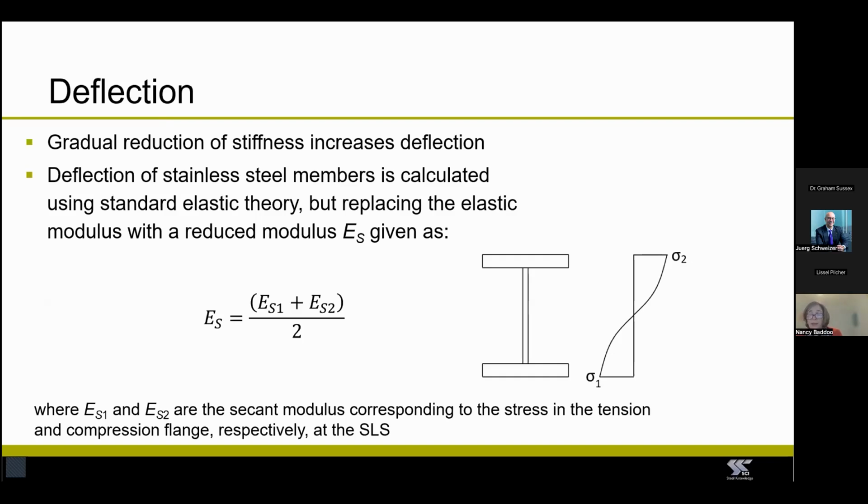But instead of using the elastic modulus, you use a secant modulus, a reduced modulus. And this reduced modulus is an average of the secant modulus in the compression and tension flange of the cross-section.